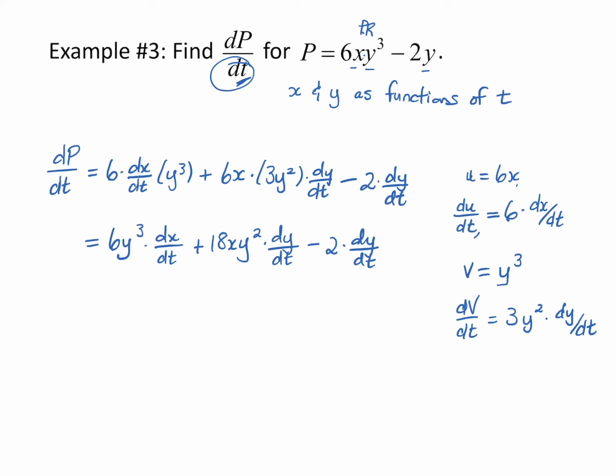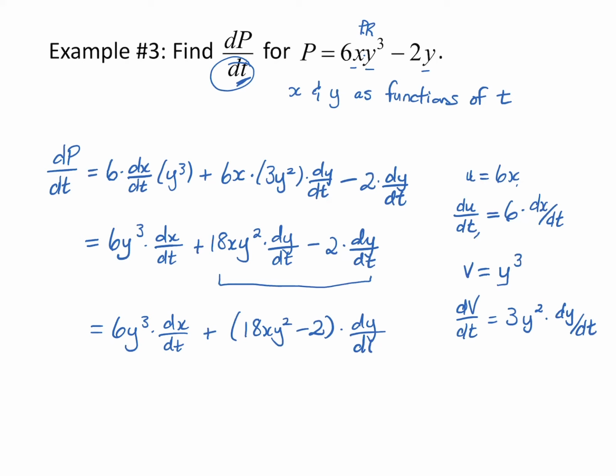And then we could factor the dy dt from these two terms to say that this is 6y cubed times dx dt plus, then I'm going to put brackets, 18xy squared minus 2 times dy by dt. And that would be our final answer for dp by dt.